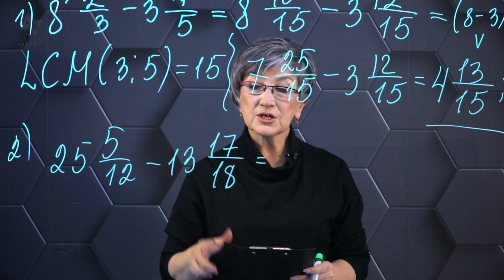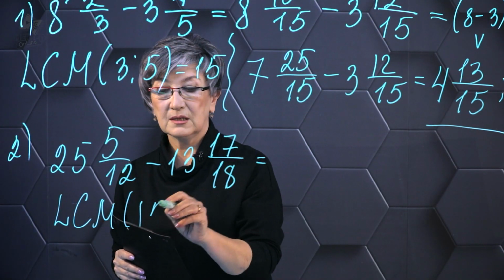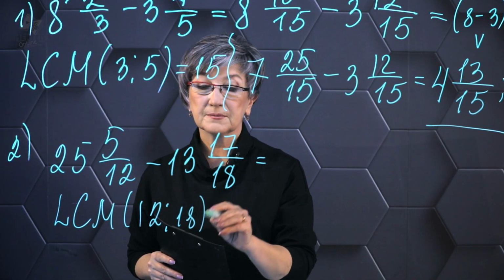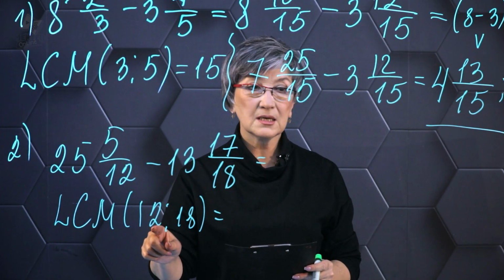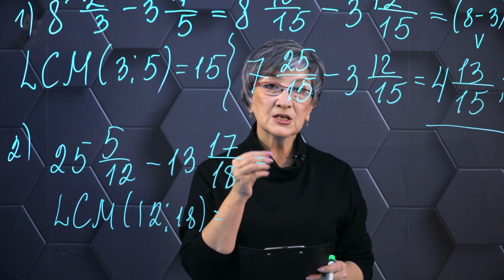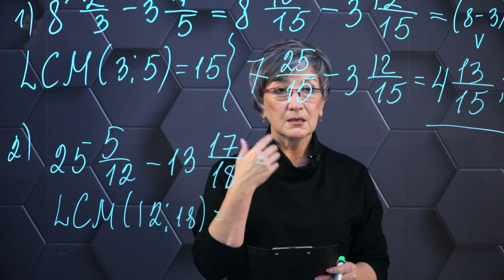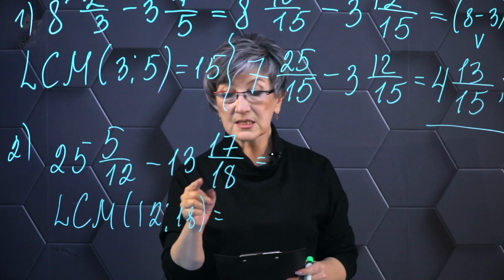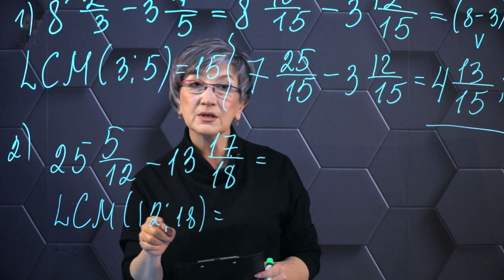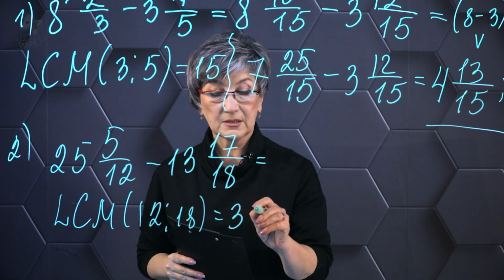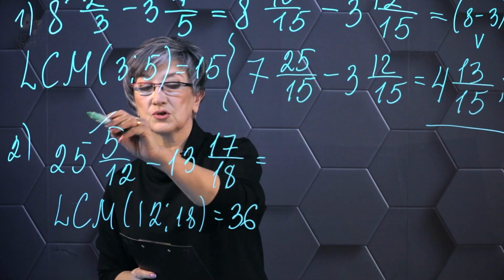We need to subtract, so we bring them to a common denominator, 12 and 18. Let's do the math. 18 is not divisible by 12. 18 times 2, I get 36. I check. 36 is divisible by 18? Yes. 36 divided by 12? Yes. So I write down the number 36.